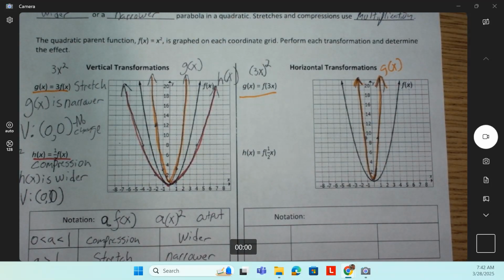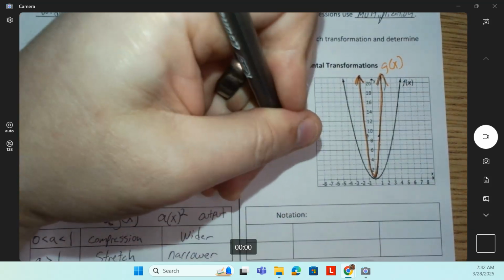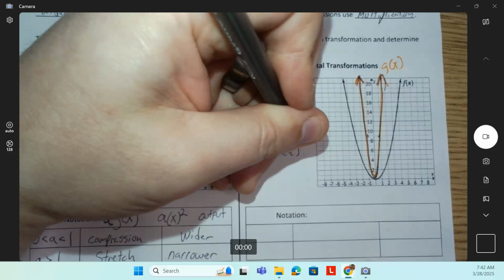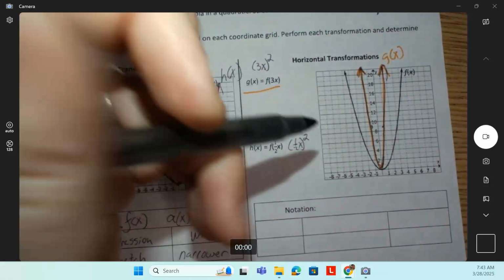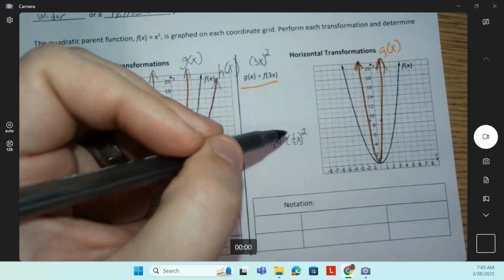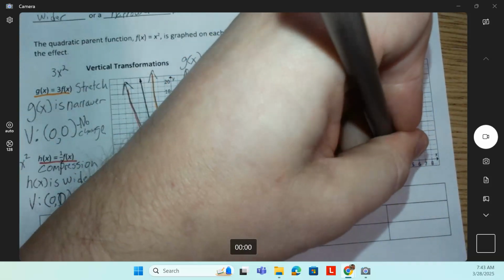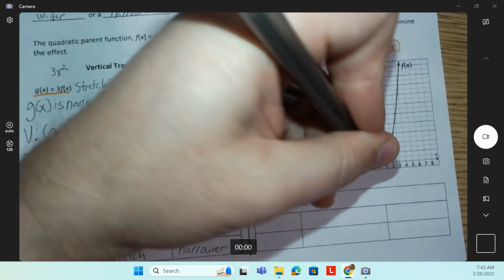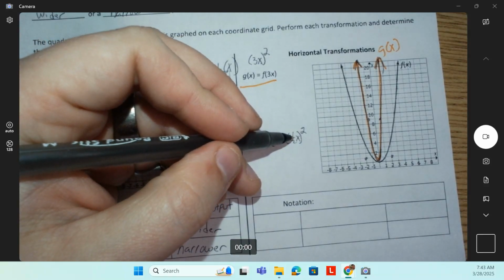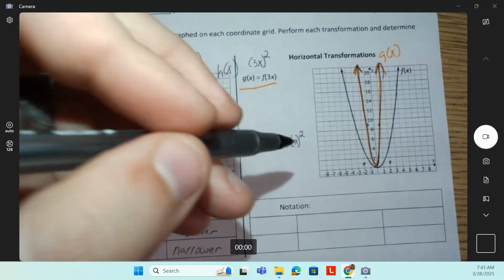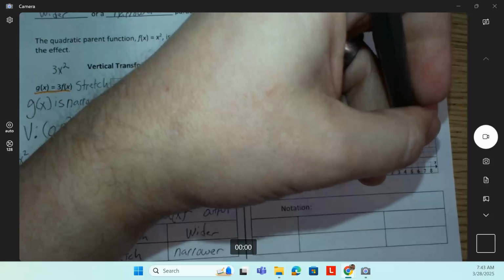Then same thing for the compression. If I do 1/2 x, then we're saying it's 1/2 x squared. So if we go to 2, 2 times 1/2 is 1. So at 2, we're only at 1. If I go to 4, 4 divided by 2 is 2. Squared would be just 4.